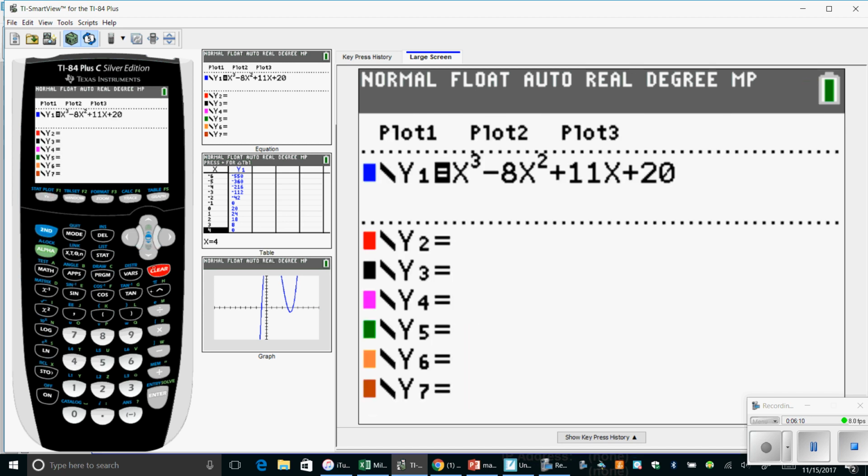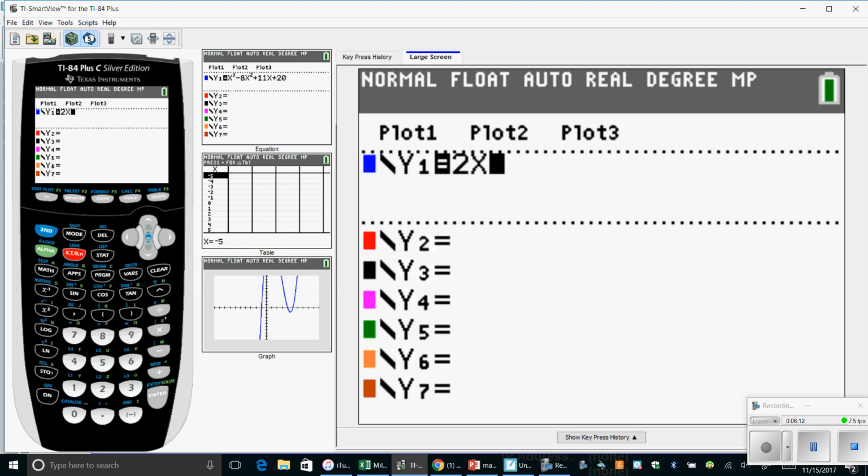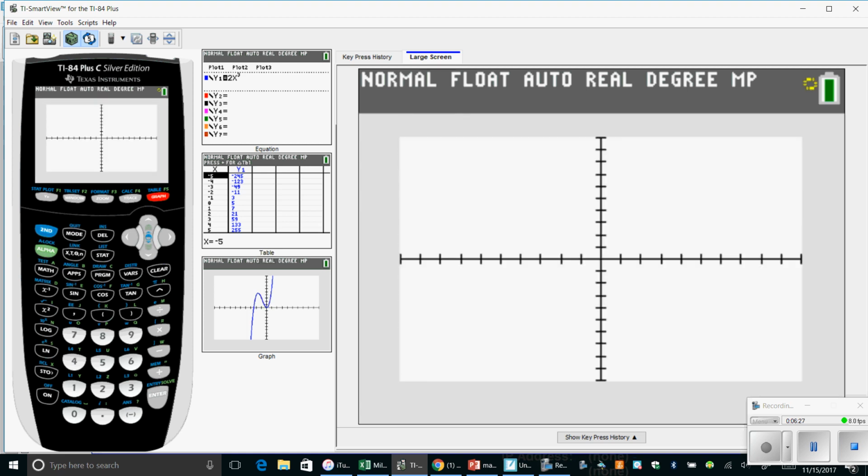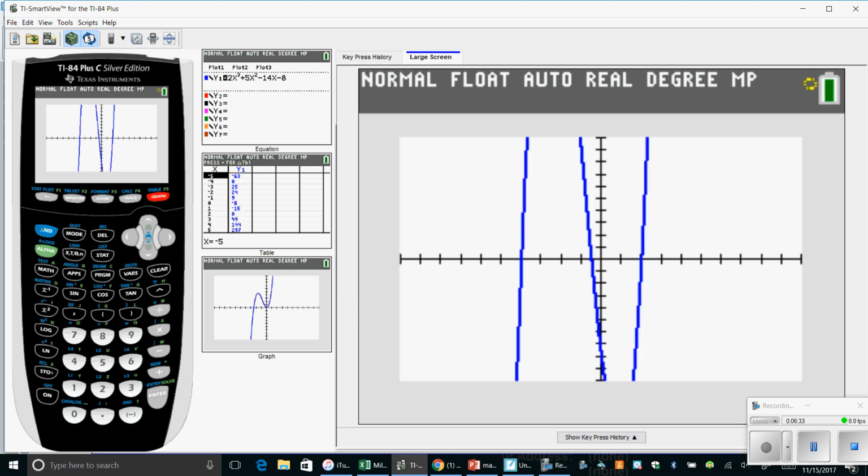All right, number 19. Clear it out. 2x to the third plus 5x squared minus 14x minus 8. Graph that. All right, -4 and 2 are definitely two of them.